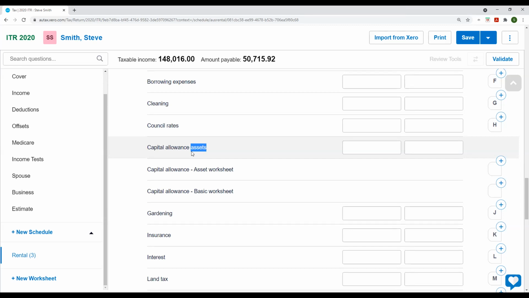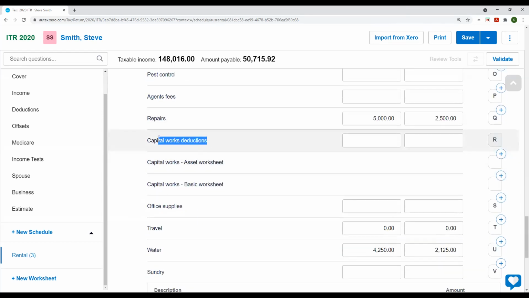All these assets are attached to your property. That's called fixtures and fittings. So whatever fixtures and fittings are in your property also depreciate, and that can also be deductible. How much we're going to deduct, we will talk about in a minute. But first you should understand the difference between capital allowance for assets and capital works deductions.